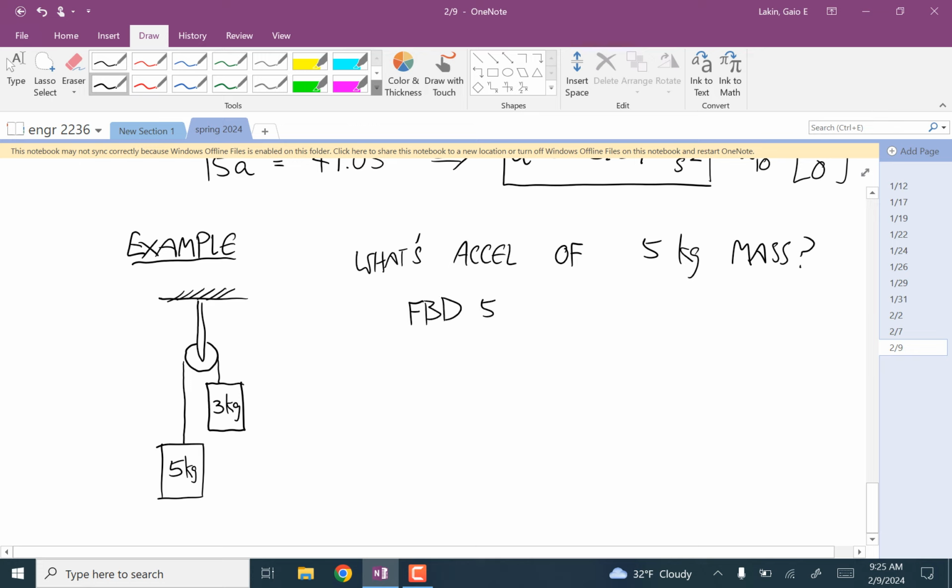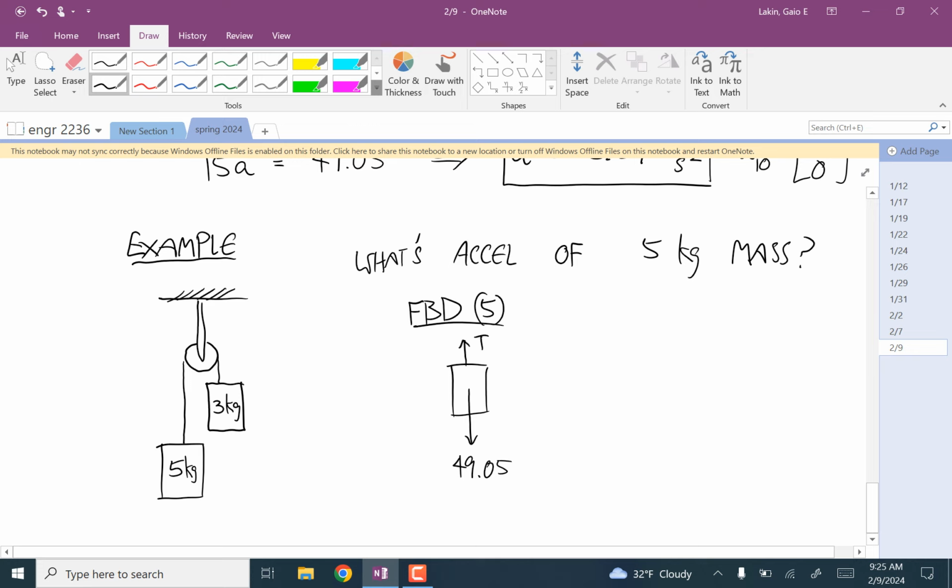So free body diagram of the 5. There's the outline. 5 times 9.81 is 49.05. The pulling force from the cable is this way.